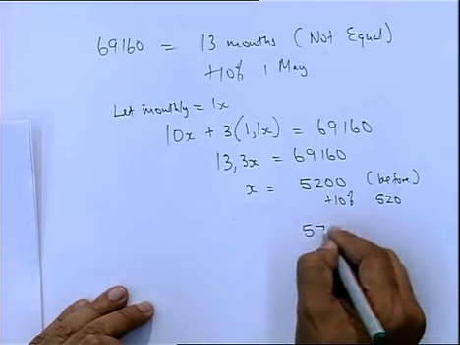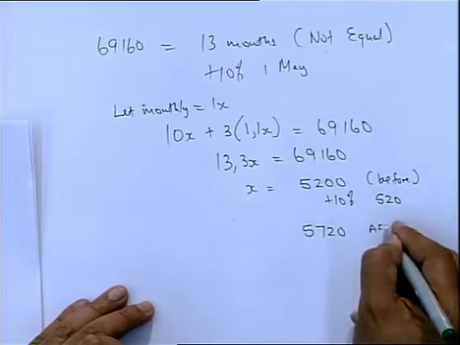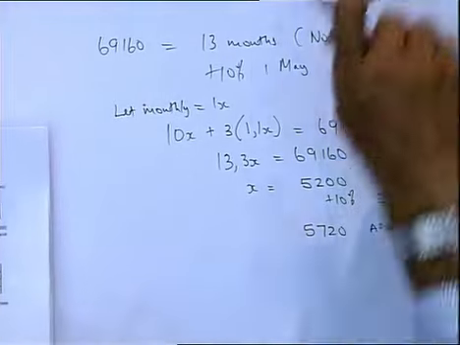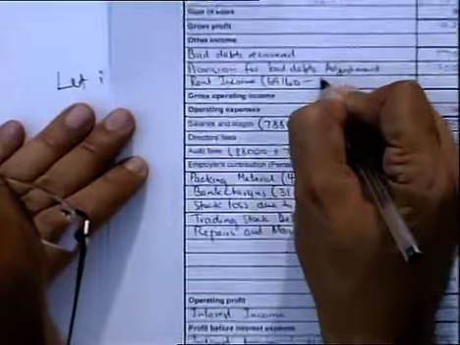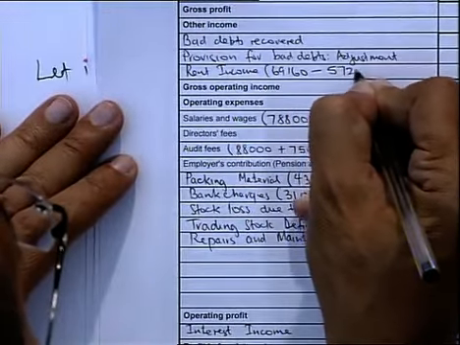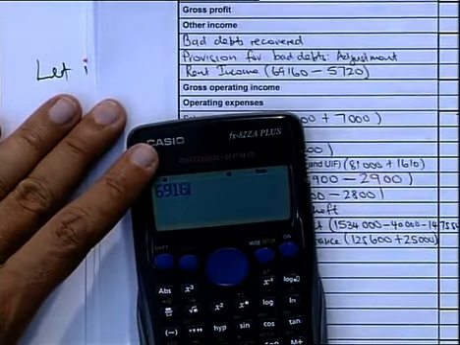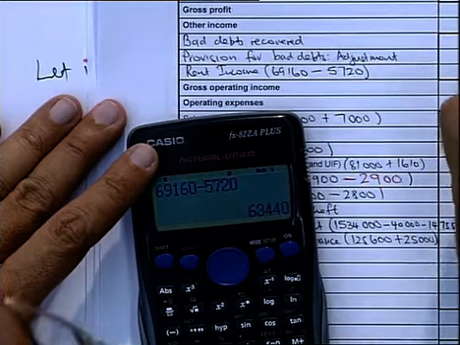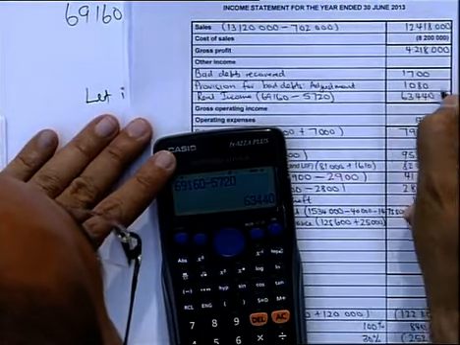So 5,720 is the rent after the increase. So if I look at the adjustment, it will just be minus 5,720. So it's 69,160 minus 5,720. So it gives us 63,440.